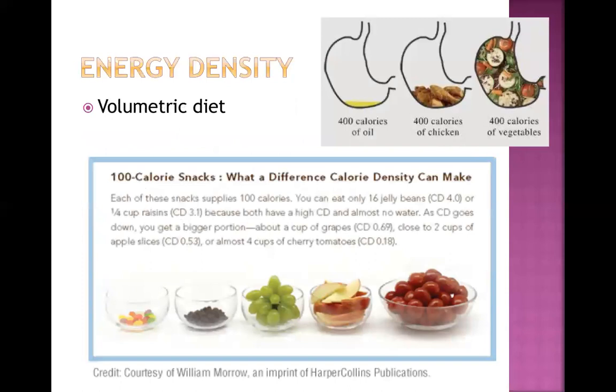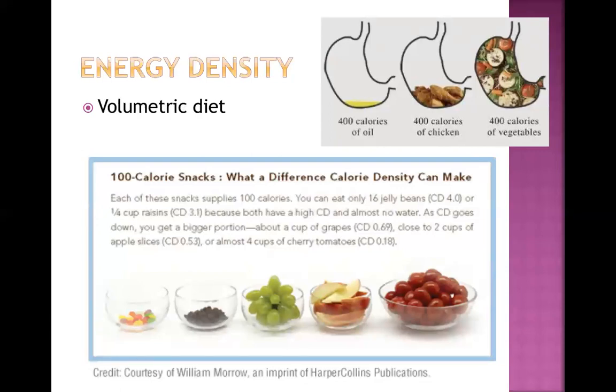Energy density can really be visualized in these pictures here. So on the far right, you have a picture of somebody's stomach with 400 calories of vegetables in it. You see the stomach is totally full. Then you have 400 calories of chicken, the stomach's about half full, and 400 calories of oil, the stomach is barely full.